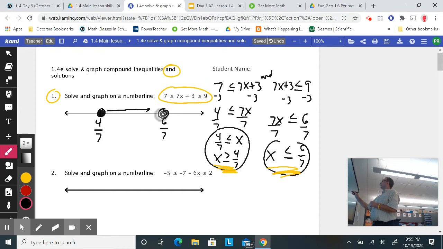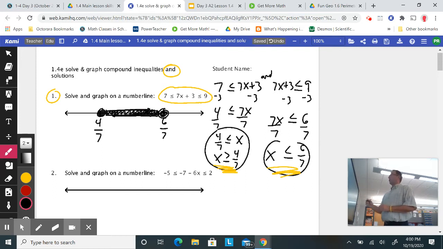It can be equal to or less than. And in an "and" statement, it's the intersection of both. So I can't just keep going to the left because it has to also be greater than the 4/7 to the right. So it's everything in between and including the 4/7 and the 6/7 values.